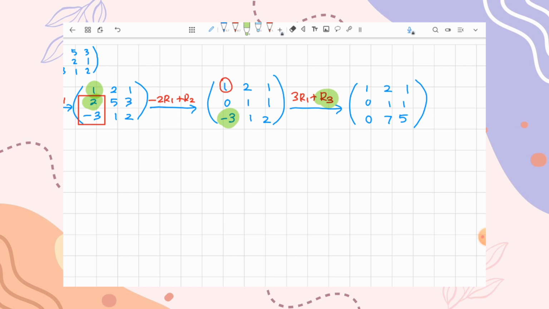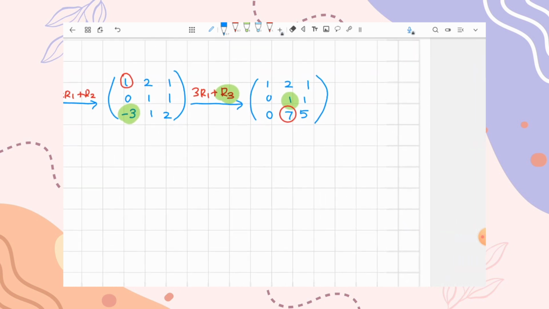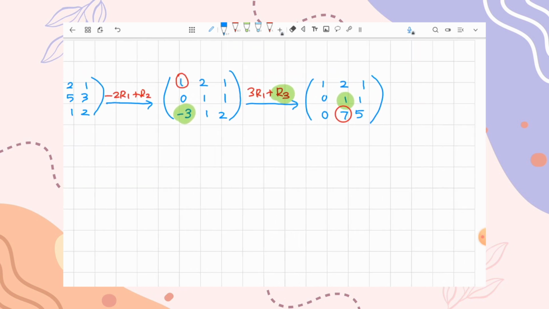So now we already found this leading one right here. The next step is to turn this number into 0. The operation that you can use is we multiply the leading one by -7 plus the number below it.